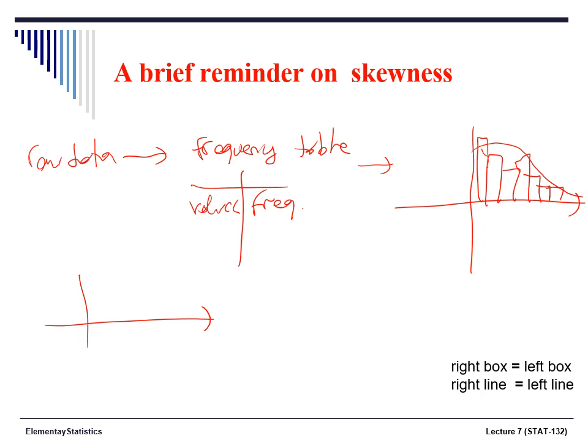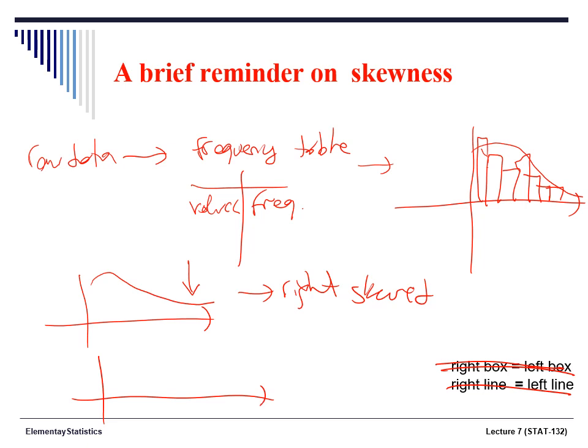So if your data is something like this, then it's right skewed. And if it goes this way, we say this is left skewed data, or the distribution is left skewed.